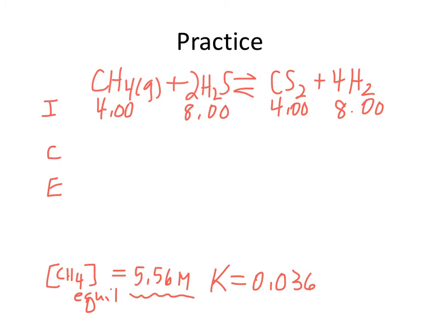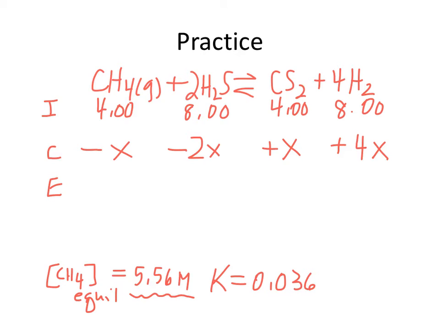And so we're going to do the change. So minus X. This will be minus, there's a 2 in front of this, so minus 2X. Produces X, so plus X, and then this is a 4, so plus 4X.